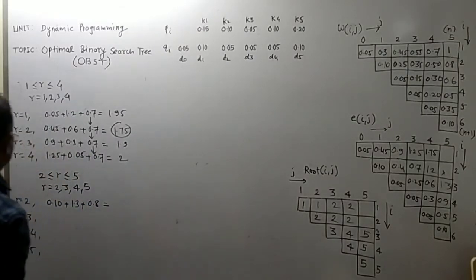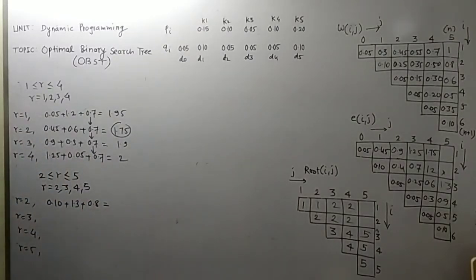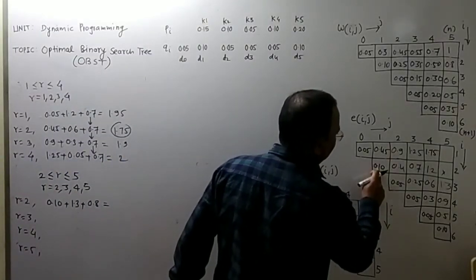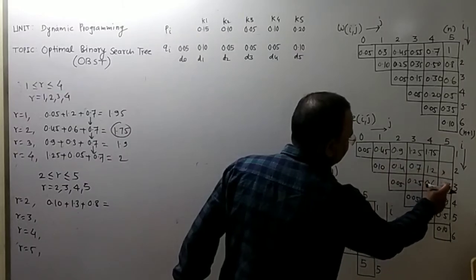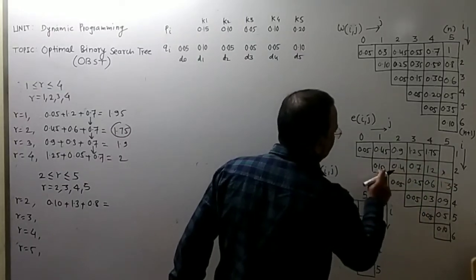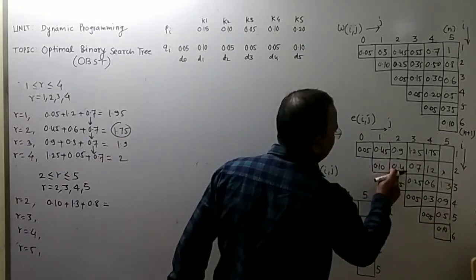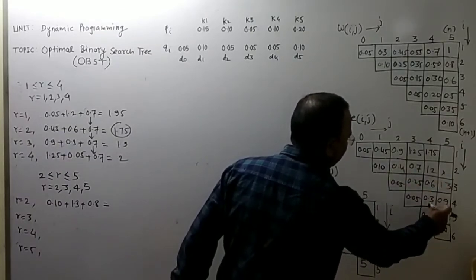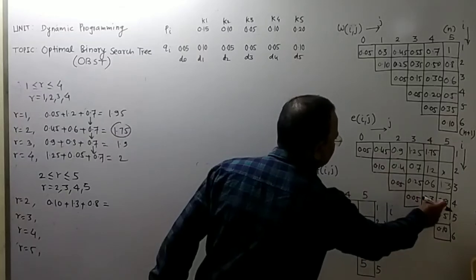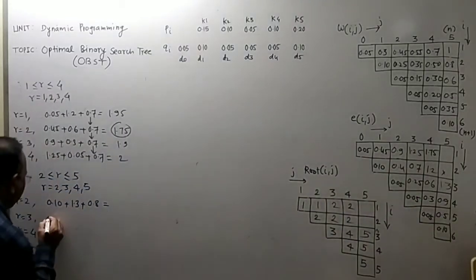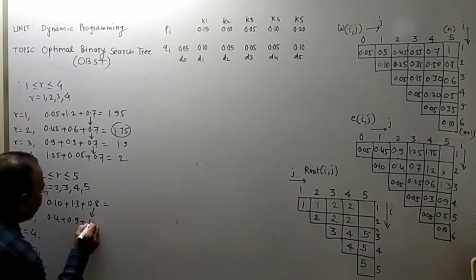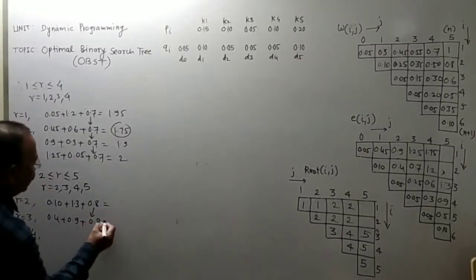Then for r is equal to 3, already we have considered this value on the left hand side and this value on the down side. Now consider 0.5 on the left hand side and 0.9 on the down side. 0.4 plus 0.9 plus the w value 0.8 is equal to.